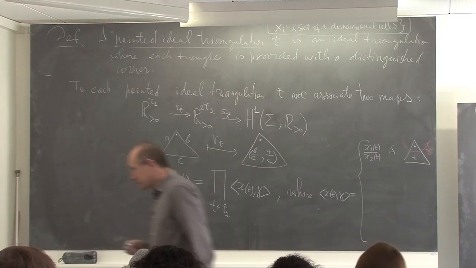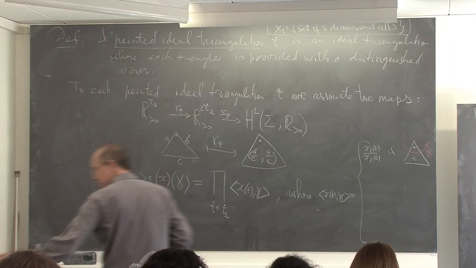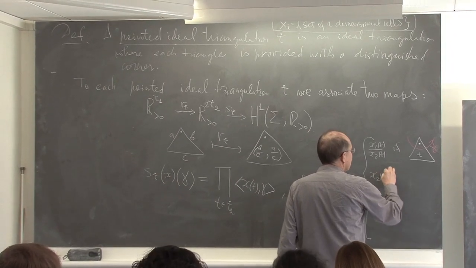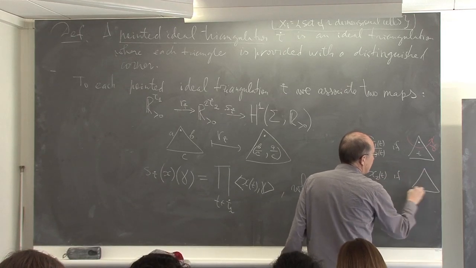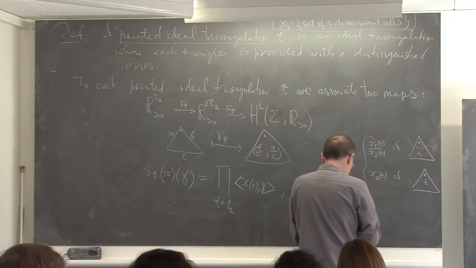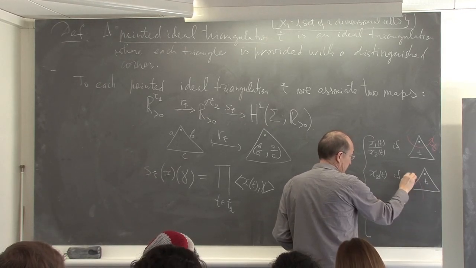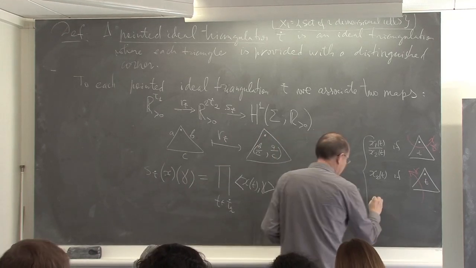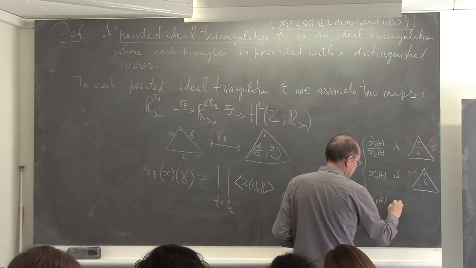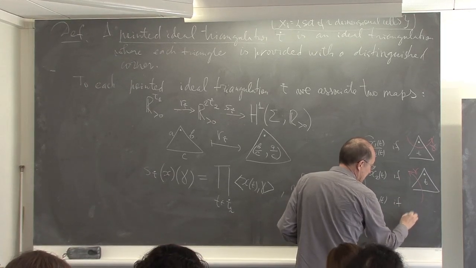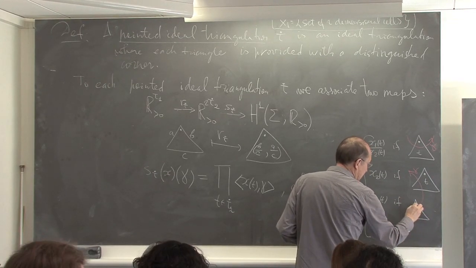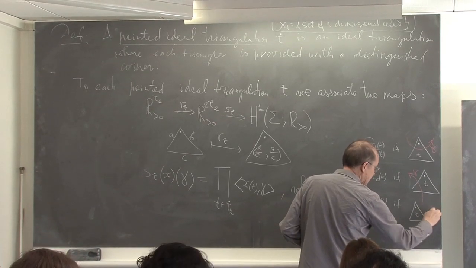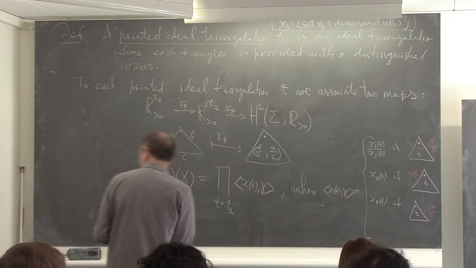Then we say x2 of t, the contribution is x2 of t if the contour goes through t like this. And we have x1 of t if the contribution is like this, if the intersection is like this.